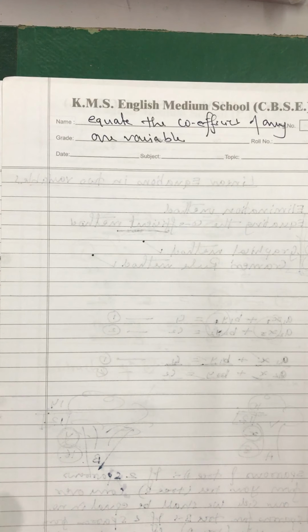Or a1m plus b1n is equal to c1. a2m plus b2n is equal to c2, something of this sort. So basically here you have to make the coefficient of any one variable equal.